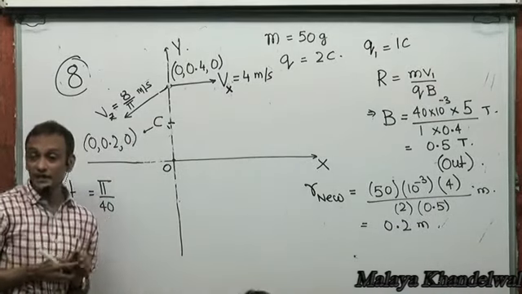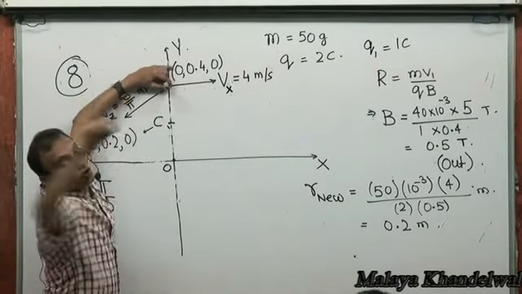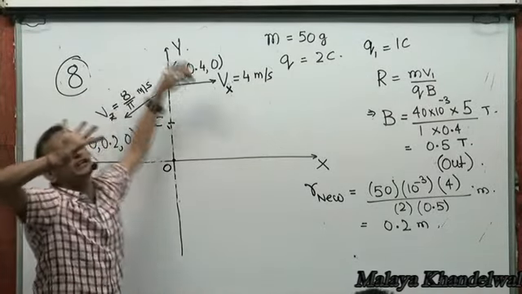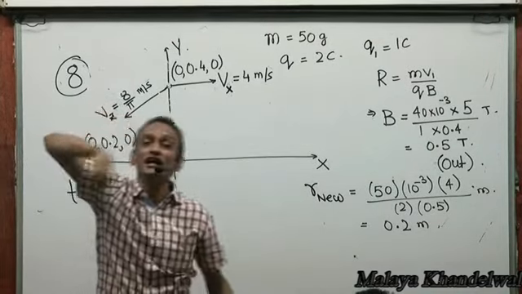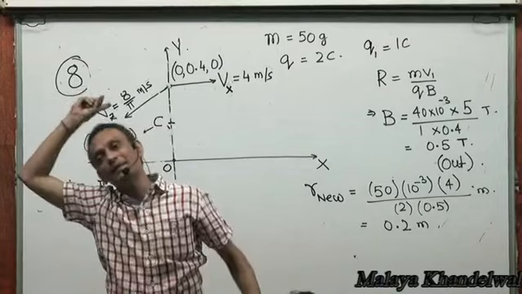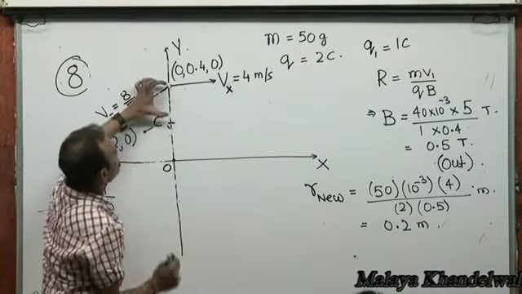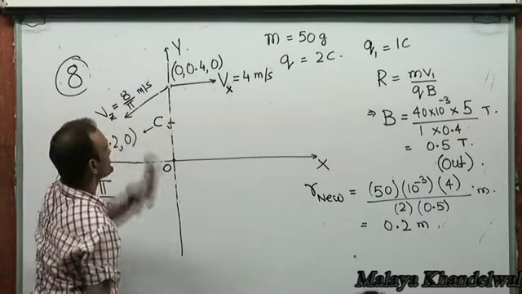That's the new center, right? Whereas Vz will continue to cause only axial motion and will not interfere with whatever is happening in the xy plane. That will only belong to Vx and B, right? This is the new R, which is 0.2 meters.